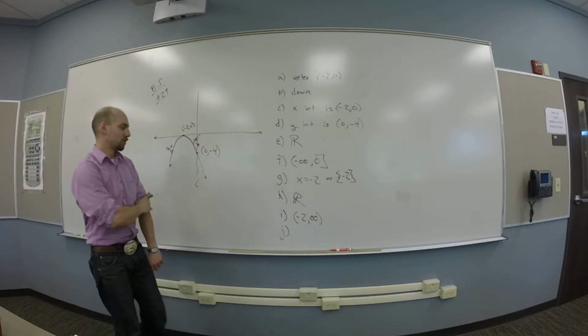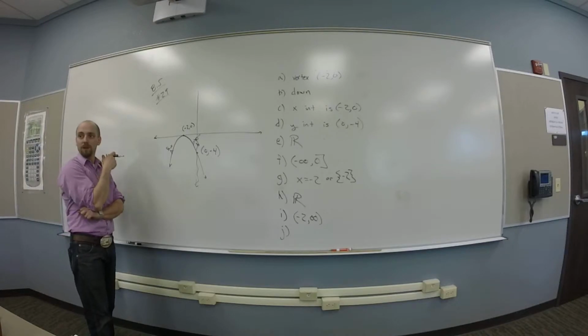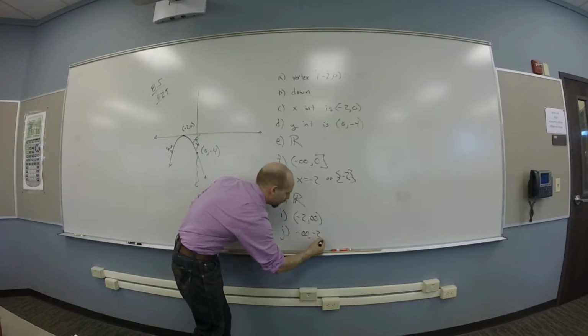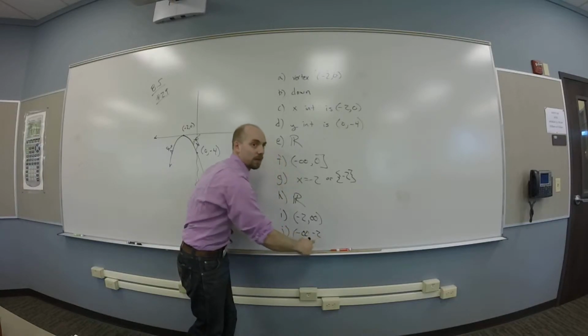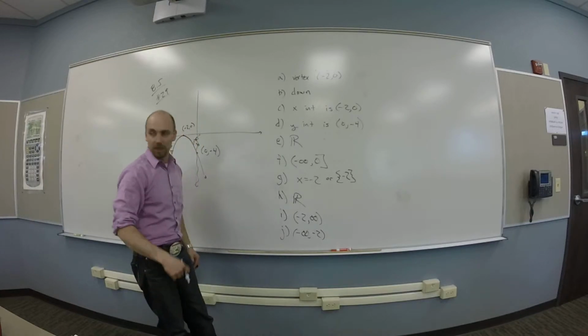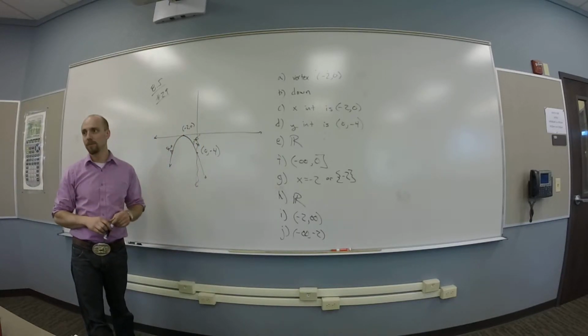How about increasing? Where's this thing increasing? Everything up to negative 2, so negative infinity to negative 2, open on both sides, because that's a transition again. Where's this one constant? They didn't ask, but I will.